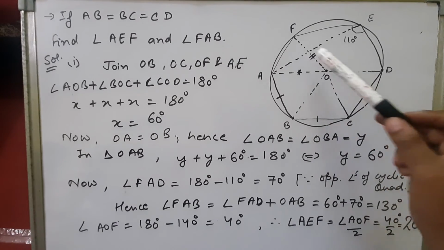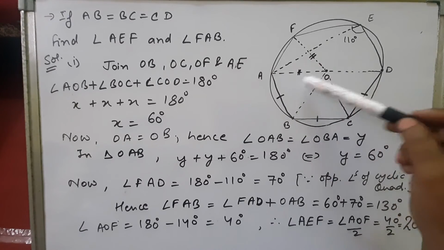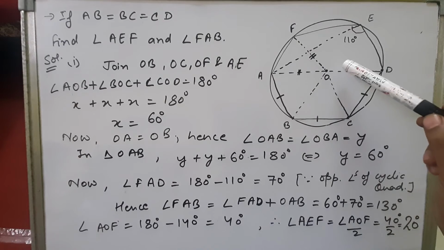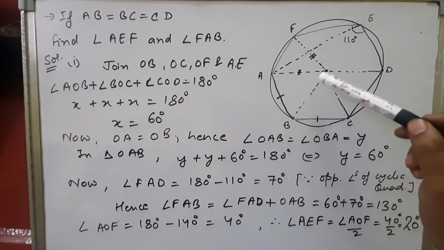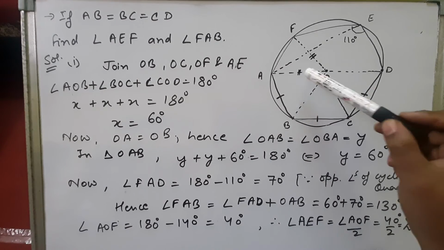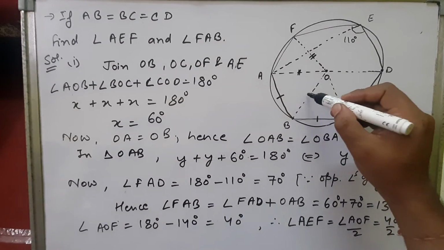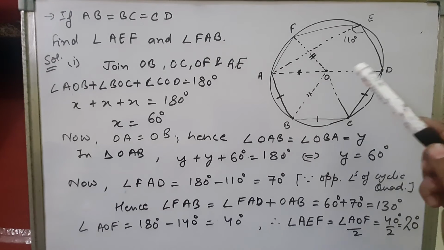Now see, in this triangle AOB, let's see first AOB. These two are the radius of the circle, let's mark it here like this. OA and OB are of equal length. If the sides are equal, then the angles opposite to equal sides are also equal.